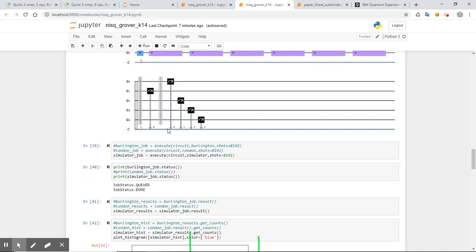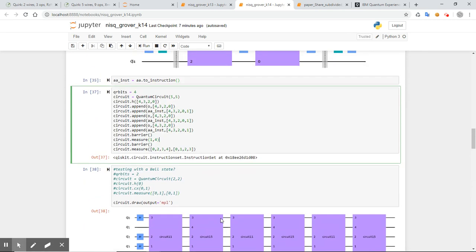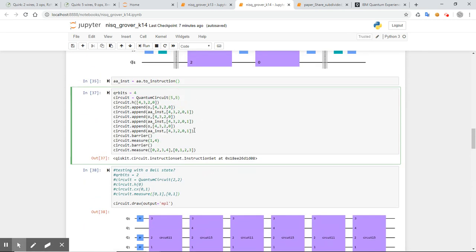Is it maybe the way I keep forgetting in what order these things are measured? What if I add this 6 in here, and I put this into 5? So there should be one qubit that is always 0, and then this one should be the one next to it.